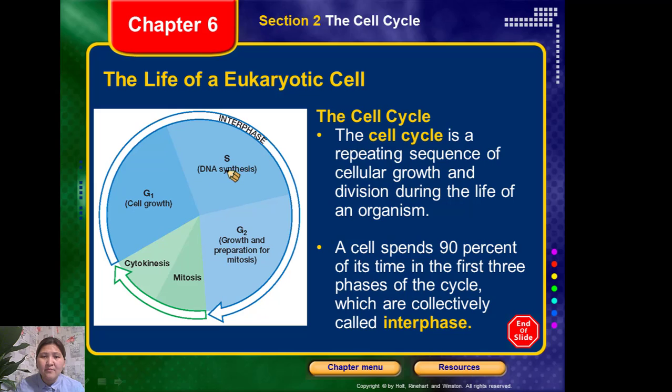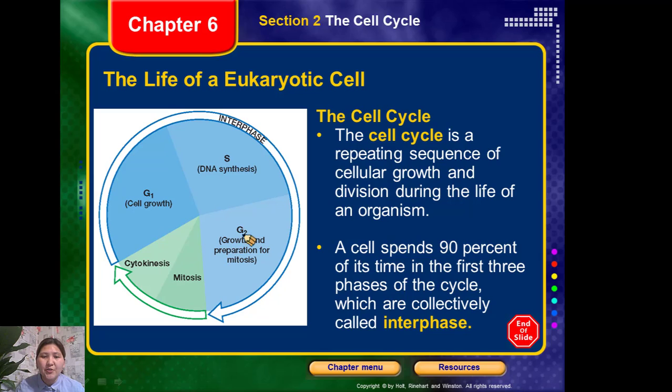During S, S means synthesizing. So DNA, the genetic information, is stored in this DNA. This is the double helix material, which carries the information about the parent organism, which passes then to the babies, or let me say the generation.